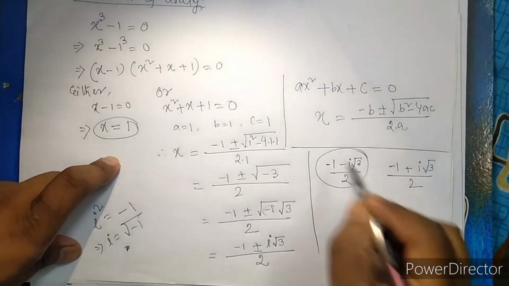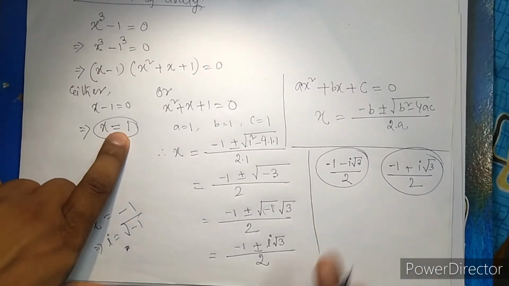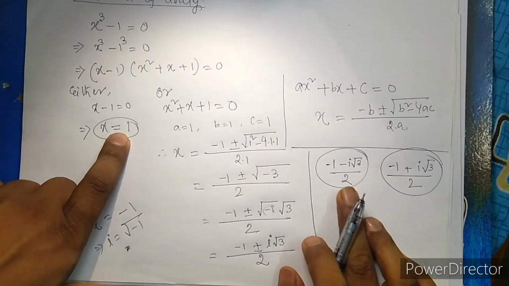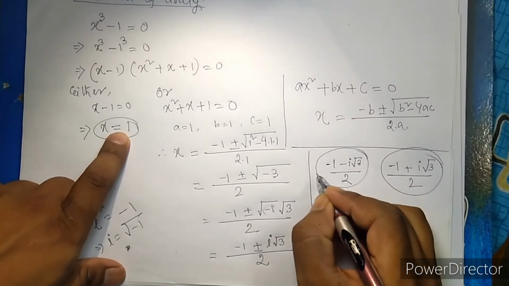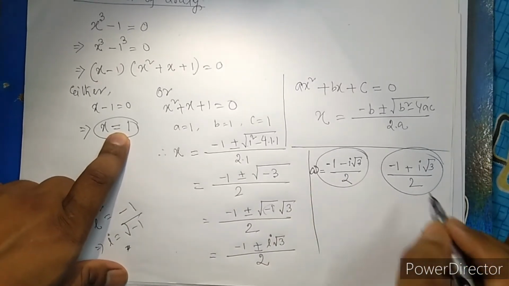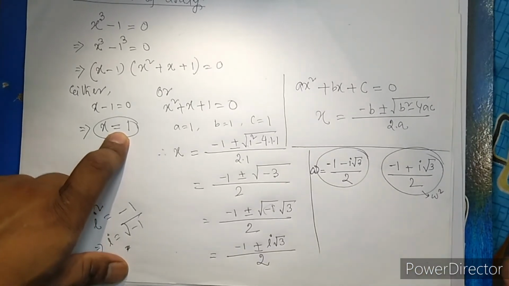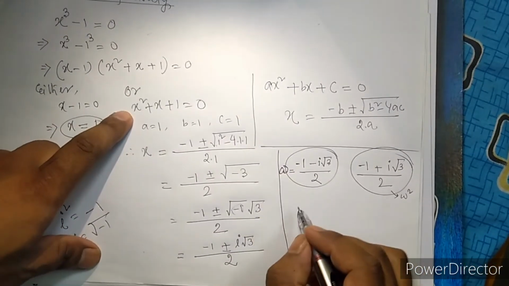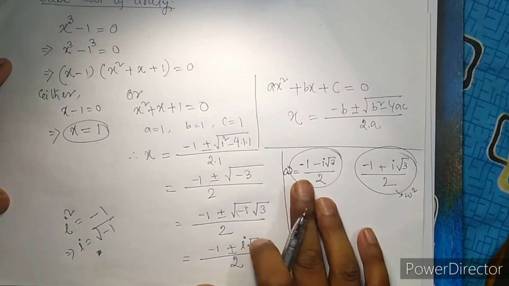This root is 1, this is one root and this is another root, so we will denote this root as omega and this one as omega square. Since this is omega, we will find omega square from this.